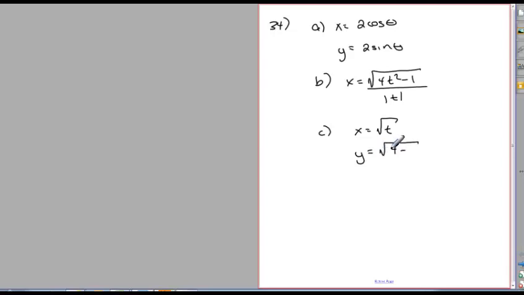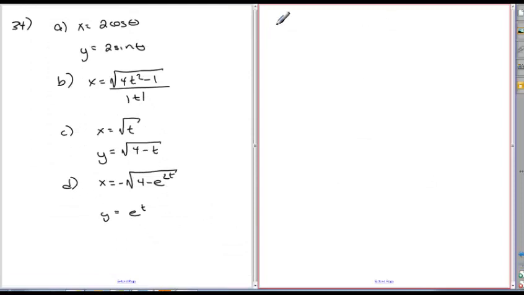If we eliminate the parameter, we'd probably end up with the same equation, but you have to go back to the original description to make sure you get the domain right. So that's what we're going to do first: look at the domains and see what allowable values of t there are, and what that results in as far as the equation.